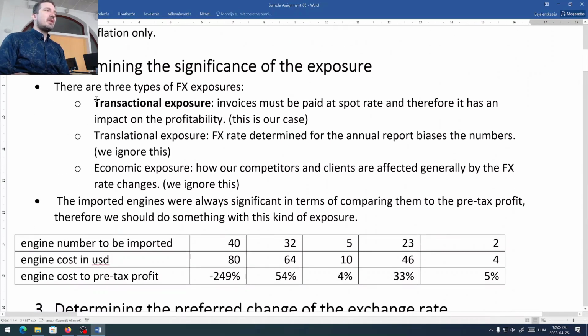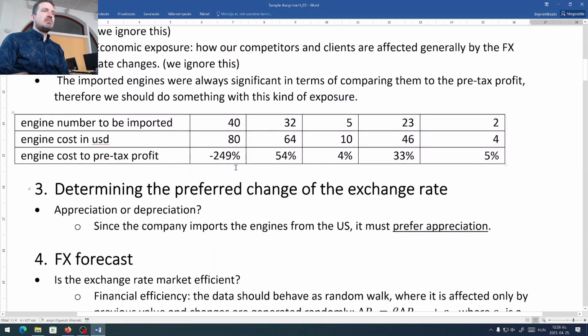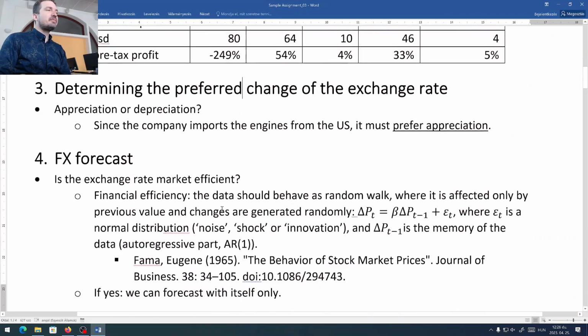So after defining the different types of exposures, and then when we checked how many engines we need, what their cost is, and how they relate to the pre-tax profit, we realized that maybe we should deal with this problem, so we cannot let it go.